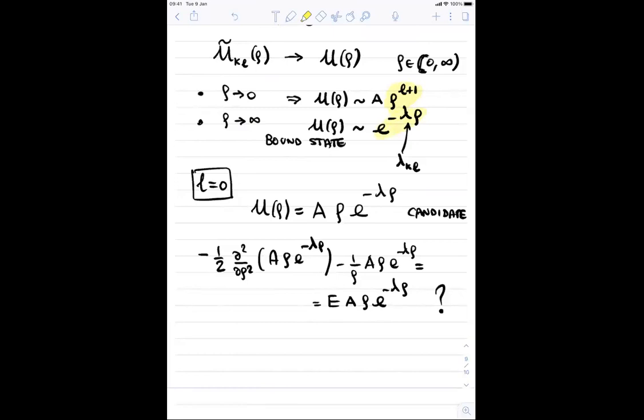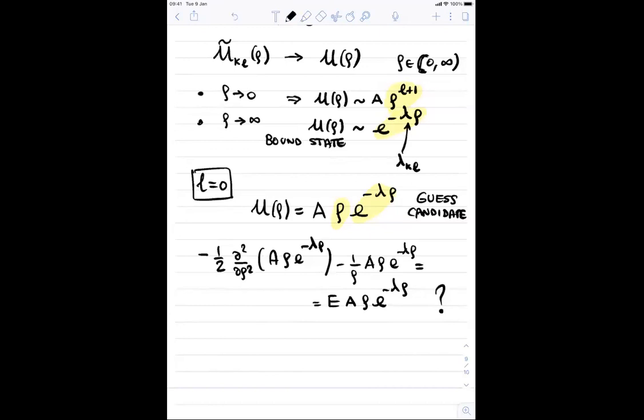This is the simplest function which incorporates the two ingredients. Just multiply them and you have a function that goes to 0 linearly for rho going to 0, and goes exponentially to 0 for very large distances. It's a guess, a candidate. That's the reason why I put the question mark. Is it true that this equation is correct?